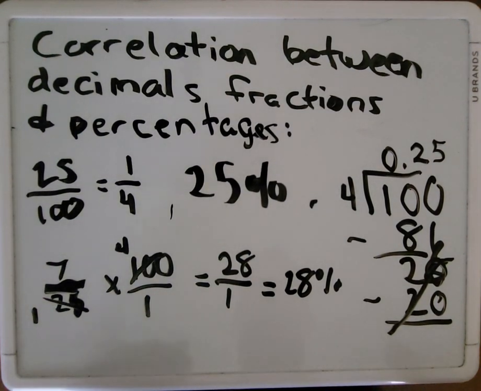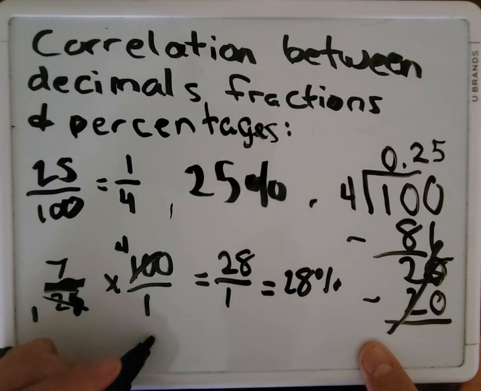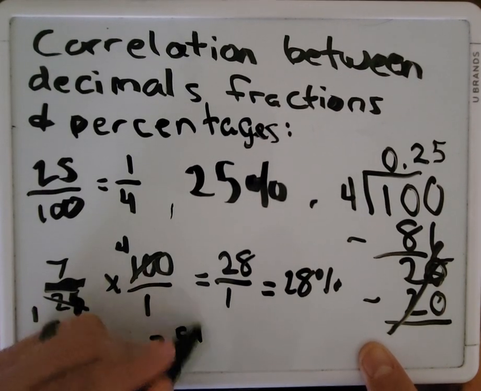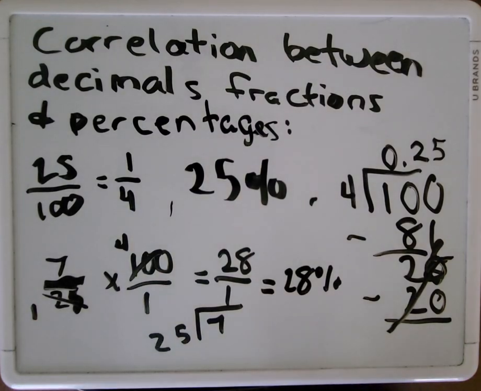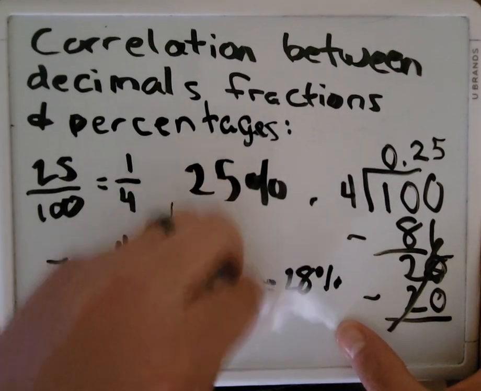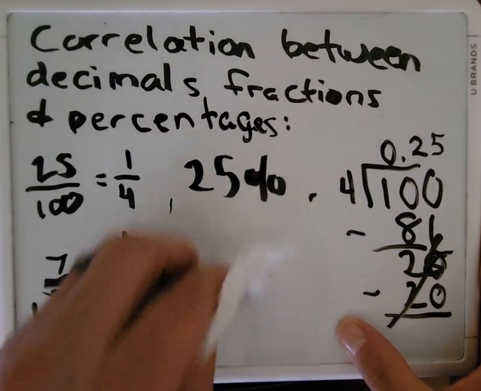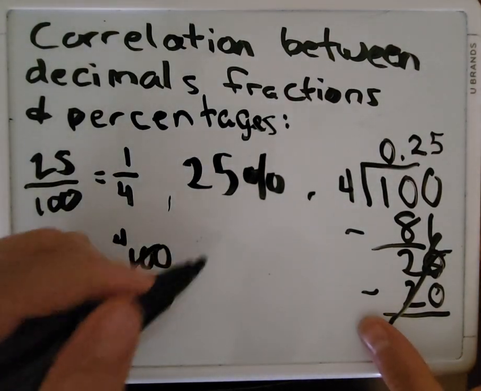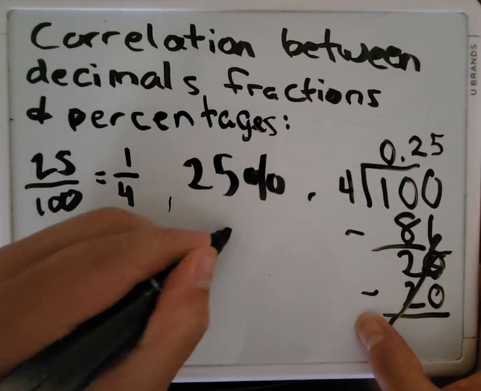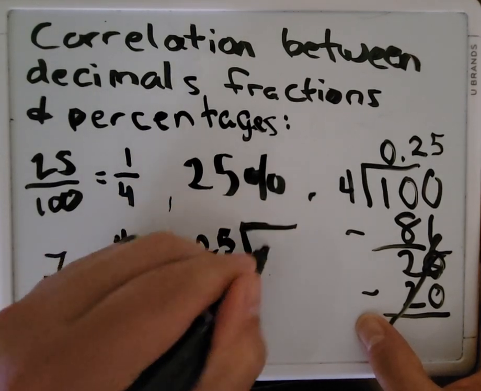Finally, we once again want to get the decimal. So what that's going to be is 7 over 25. As a matter of fact, let's go ahead and make some room for this. 7 over 25.